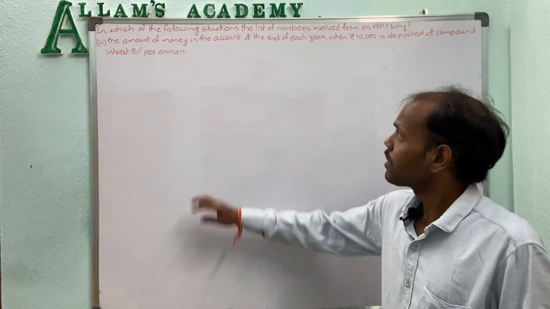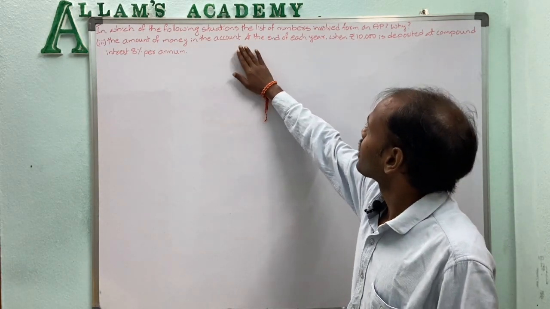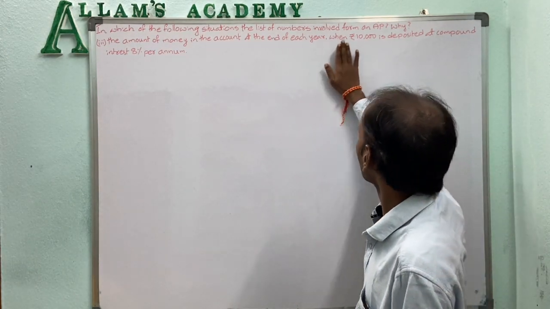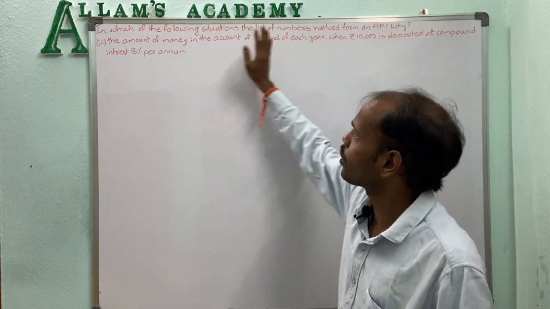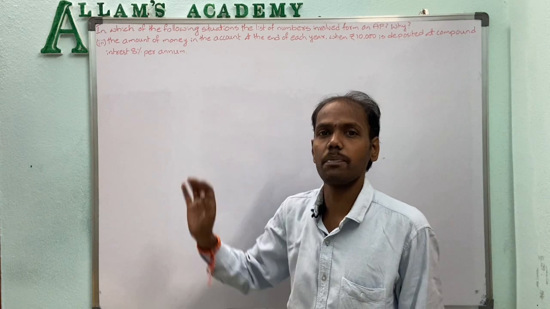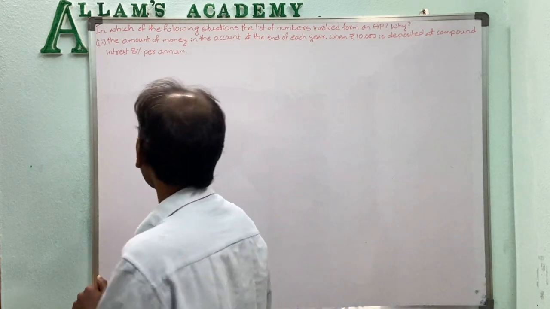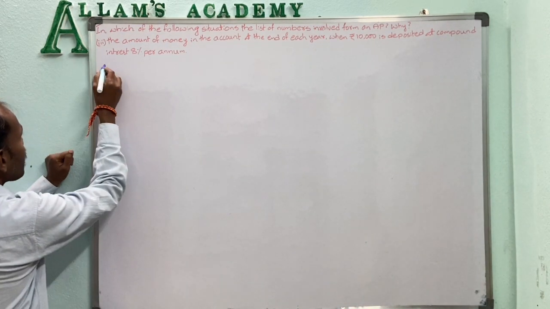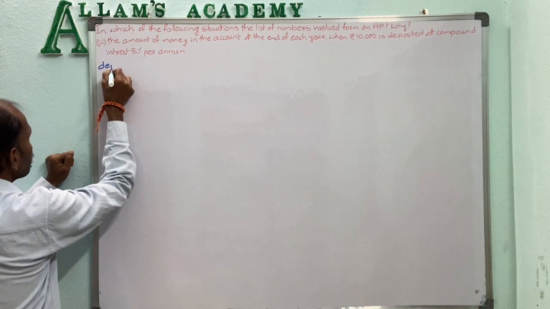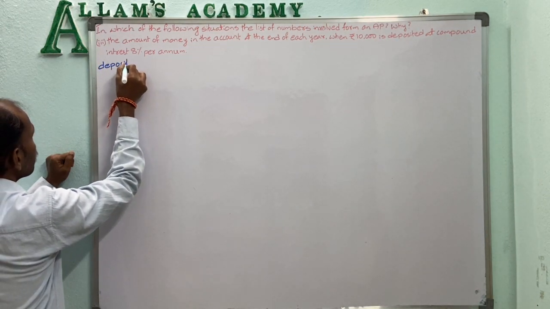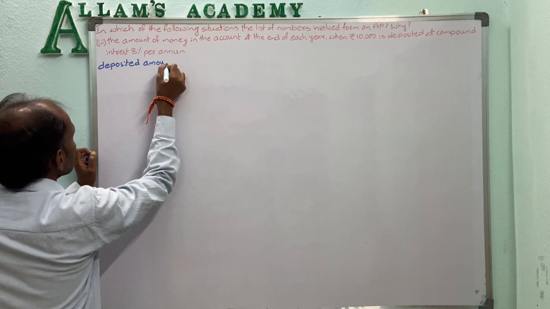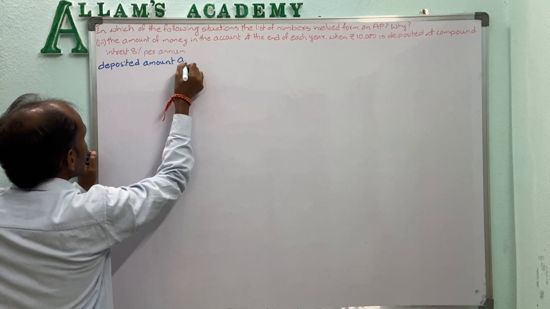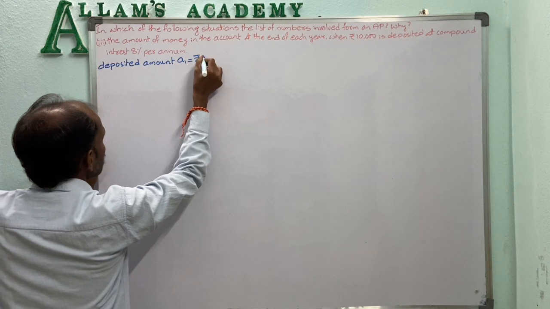The given problem: the amount of money in the account at the end of each year when 10,000 rupees is deposited at compound interest of 8% per annum. That is the problem given. So the deposited amount A1 is equal to rupees 10,000.